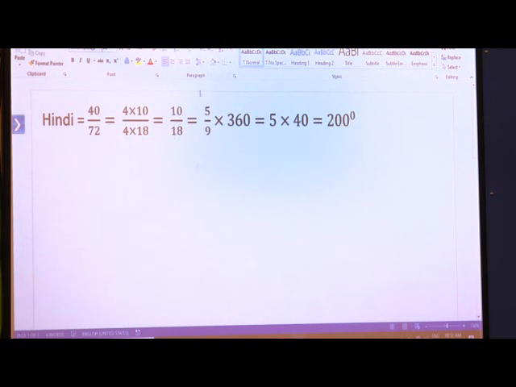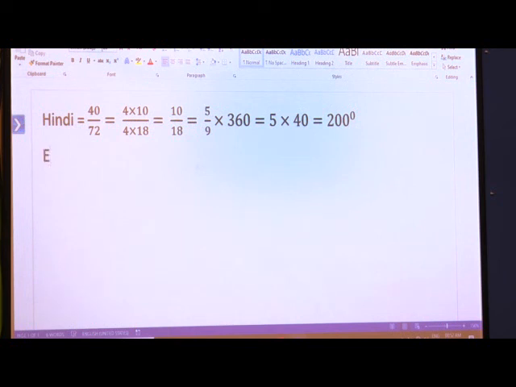Now, 2 5s are 10 and 2 9s are 18. So, the minimum fraction is 5 upon 9, into 360. Why 360? Because this is to be represented in a circle, that is the pie chart. So, 5 into 40 is equal to 200. 5 4s are 20 and one more 0. It is 200 degrees in the pie chart.